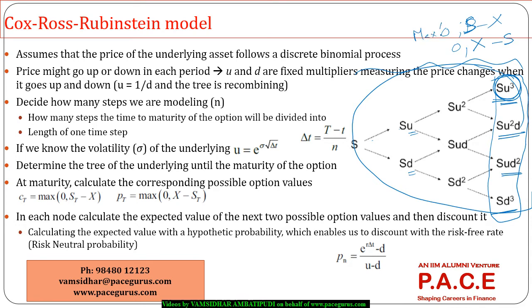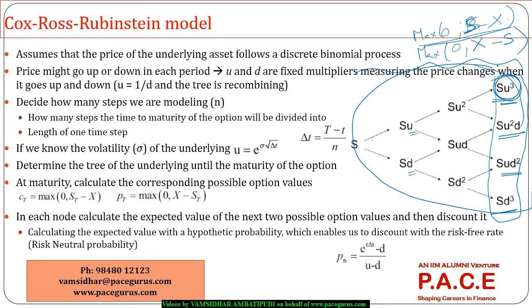If it is negative, I will take it as 0. If it is positive, I will take that as the value. So for the option value, I will take the maximum of stock price minus the strike price, or 0, in case of a call option, and the maximum of strike price minus the stock price, comma 0, in case of a put option. So I will get the option values here.